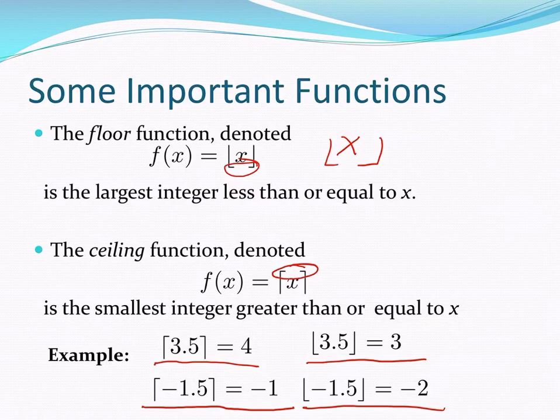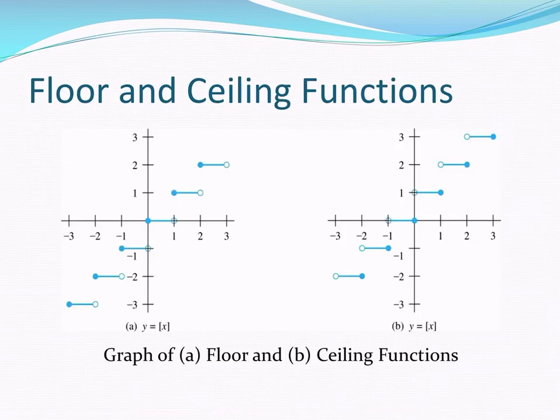Okay. This slide, we have a graph of it. Small error here. So this is the floor function, so this is going to be x floor function. This is the ceiling function, so this will be x ceiling function. So here's x, here's f of x.